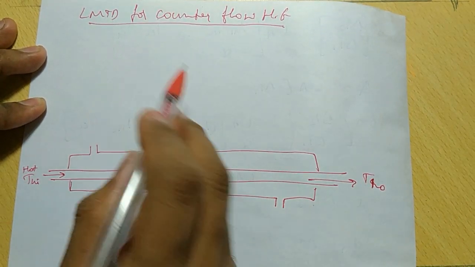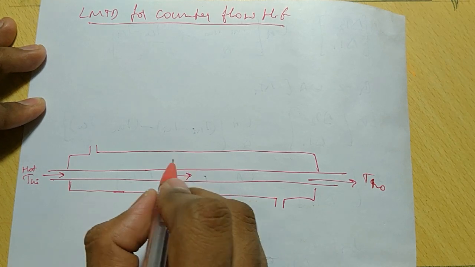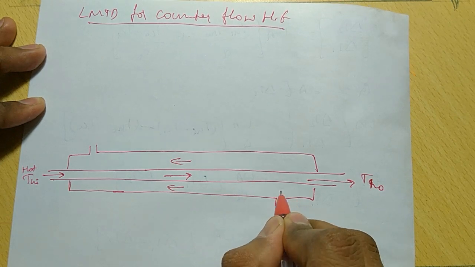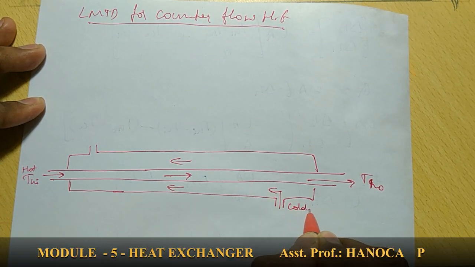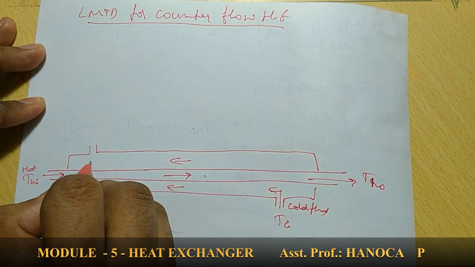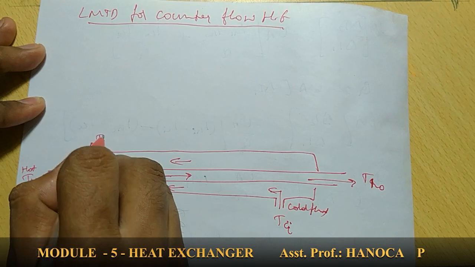Counterflow, the name itself indicates the hot fluid and cold fluid are moving in opposite directions. So the cold fluid is entering here, that is TCI, and this is TC naught.